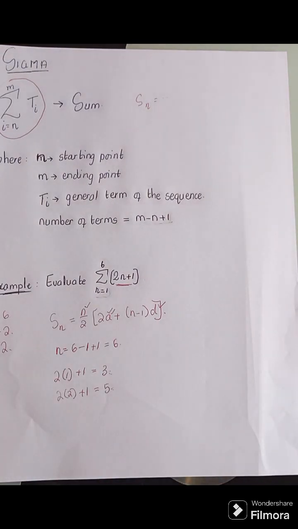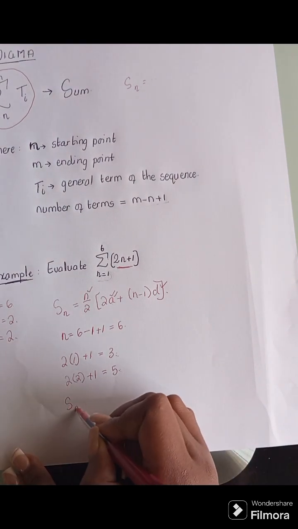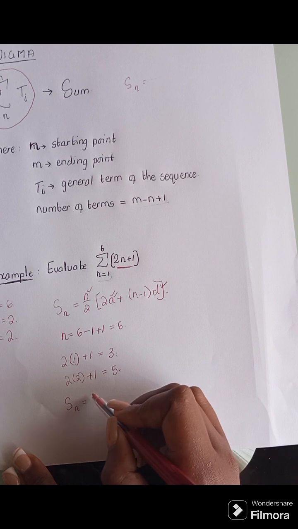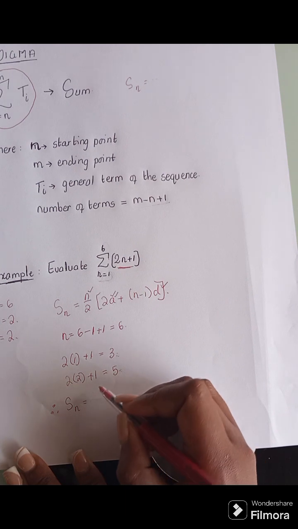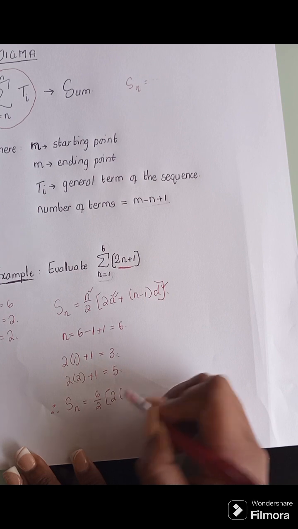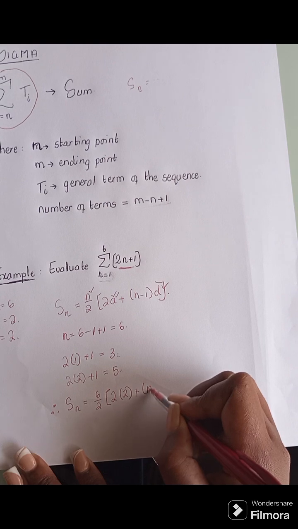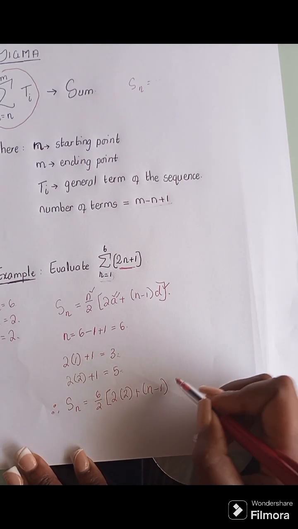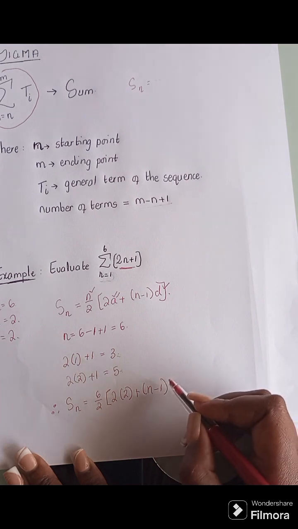So now we have all our variables, and since we have all our variables, we can come and substitute. We're going to say therefore Sn is equal to, our n is 6, over 2 into 2, our a is 3, plus n minus 1. Oh, our n is, apologies for that, our n is 6.